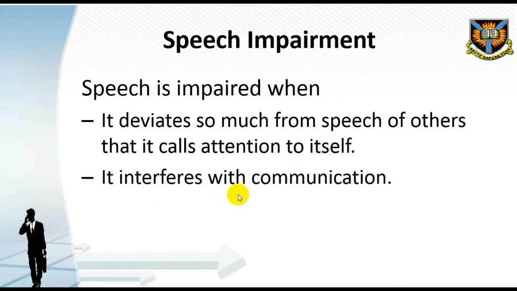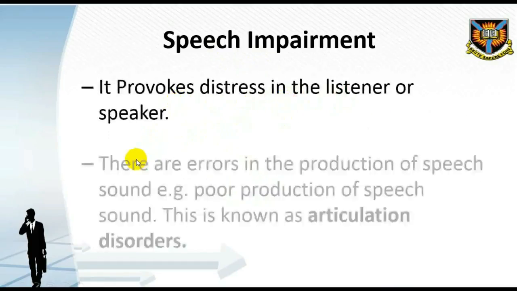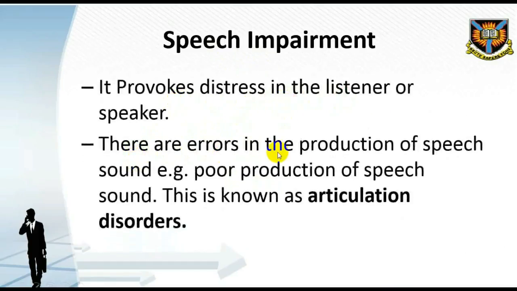It interferes with communication. 3. It provokes distress in the listener or speaker. 4. There are errors in the production of speech sounds, for example, poor production of speech sounds. This is known as articulation disorders.